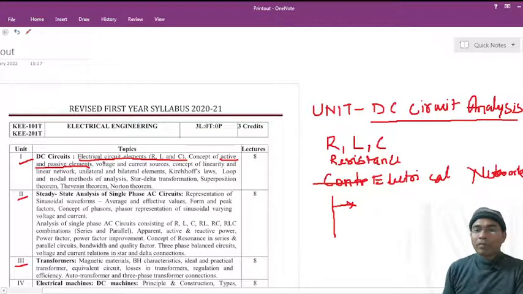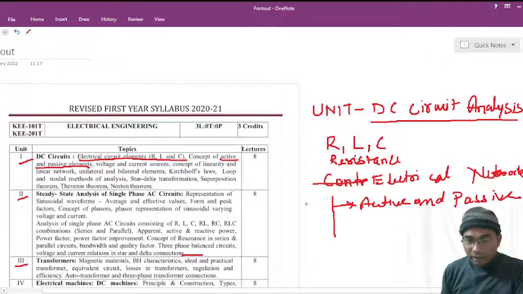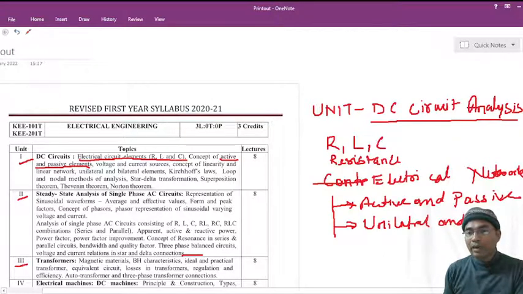You have to identify the active and passive elements of the network. Another category of element may be unilateral and bilateral element. There is another category of element of any electrical network, such as linear and non-linear element.